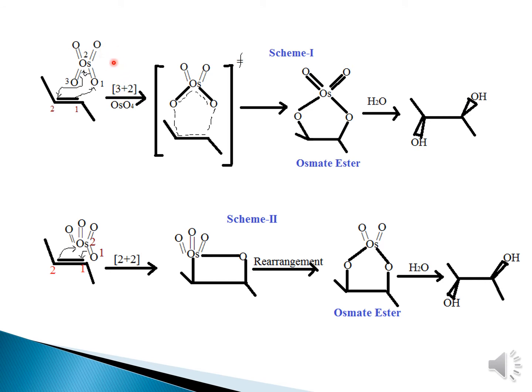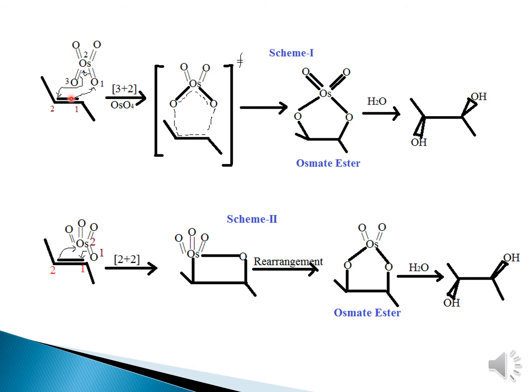So in this 3+2 cycloaddition reaction, you can see here osmium tetroxide, right? So this is your osmium tetroxide. Here if you will see, this is given as position 1, 2 and then 3, alright. So here in the alkene, 1 and 2. So this bond attacks over here, and then again this bond shifts, and then there is attack of this bond towards this side, second position.